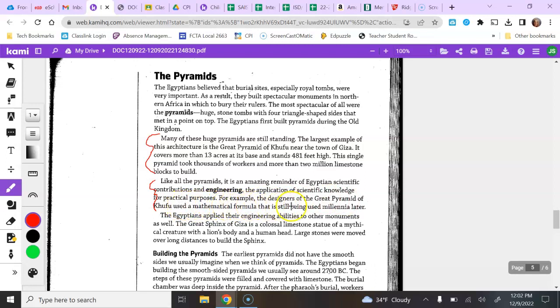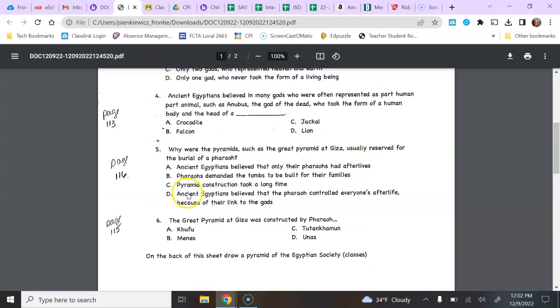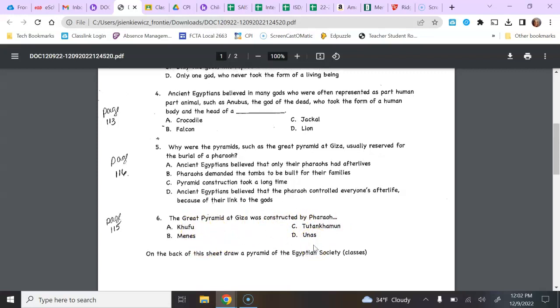For example, the designers of the Great Pyramid of Khufu used a mathematical formula that is still used millennia later. So who was that Pyramid of Giza for? The Great Pyramid of Giza was constructed for which pharaoh? Khufu, Menes, Tutankhamun, or Unas.